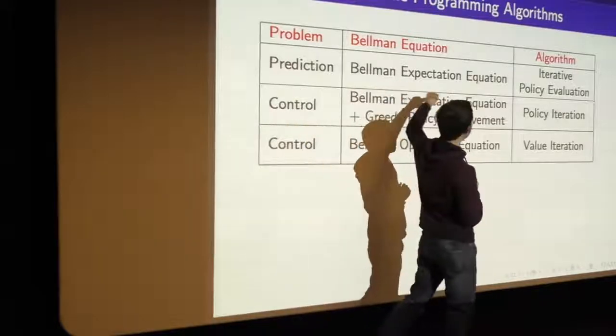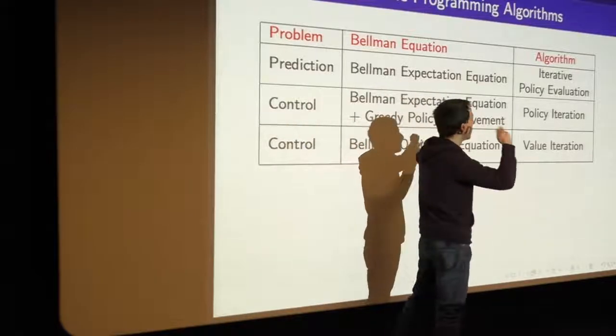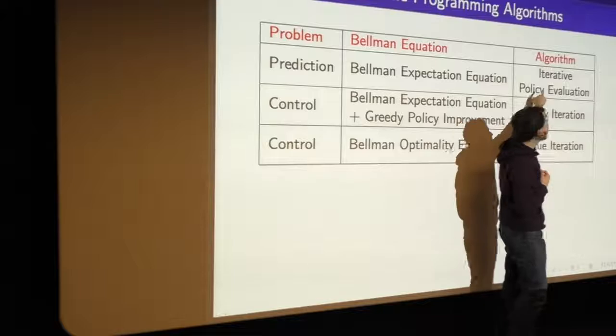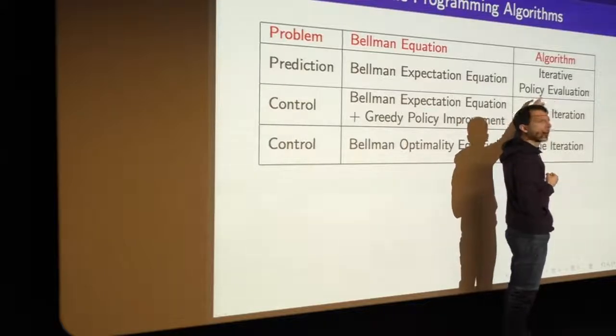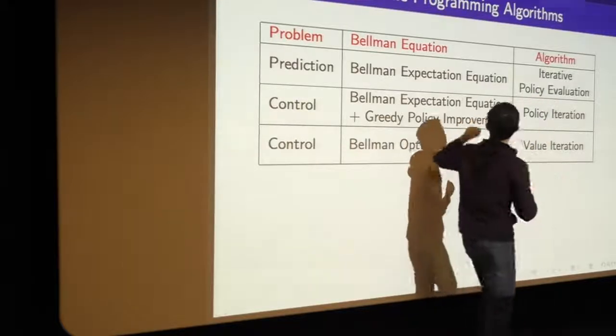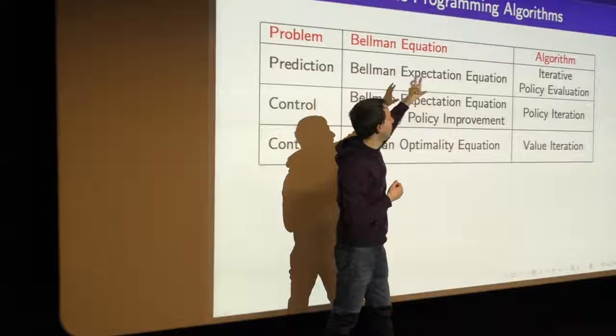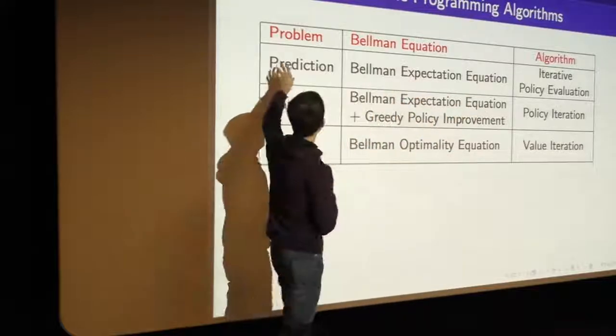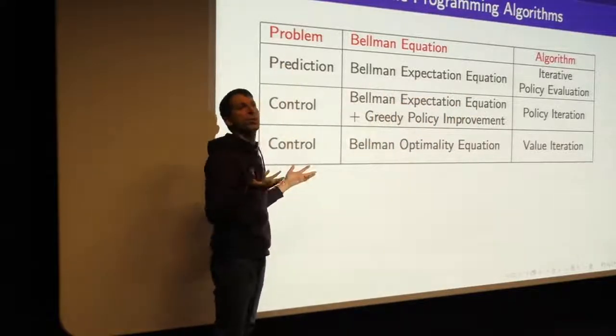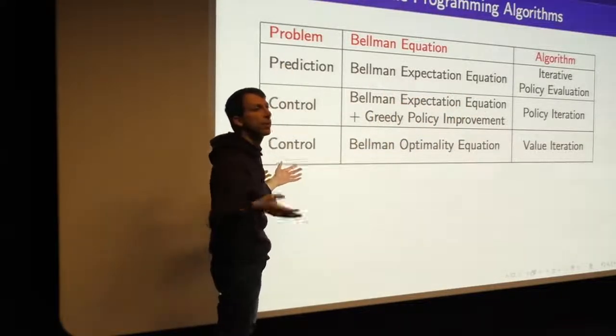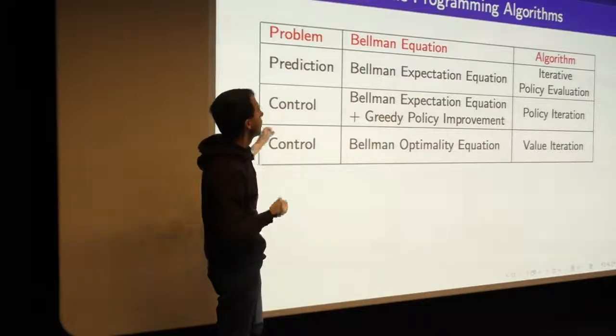And if we take that Bellman equation and turn it into an iterative update, we end up with iterative policy evaluation, which was the first part of today's class. So you take the Bellman equation, you iterate it, and it gives you V pi, which tells you how much juice you're going to get from some given policy.